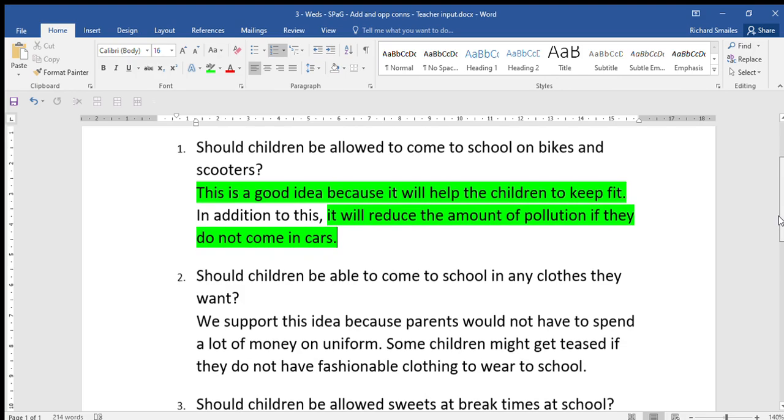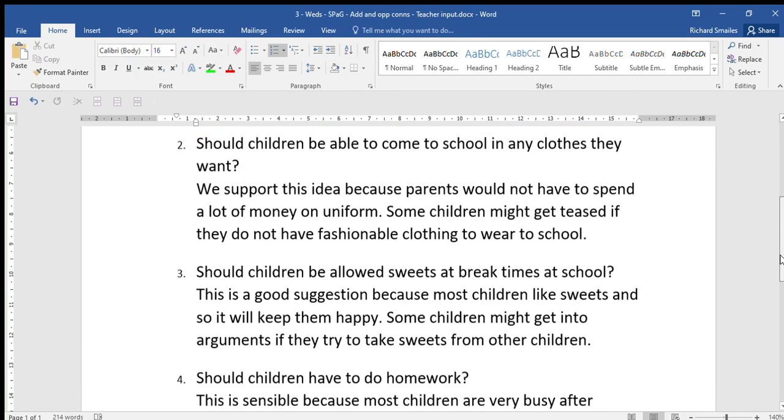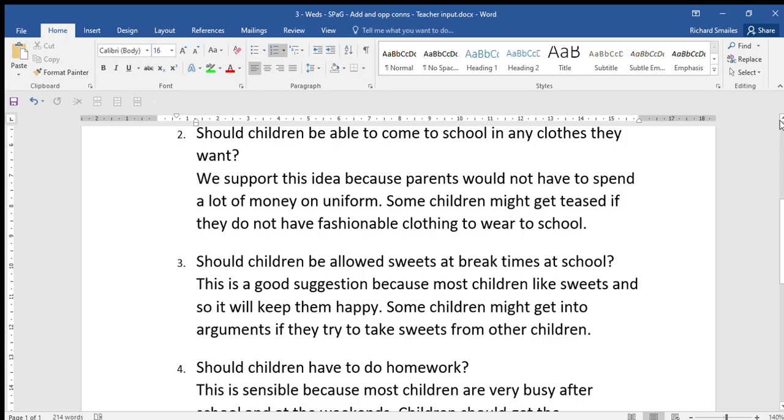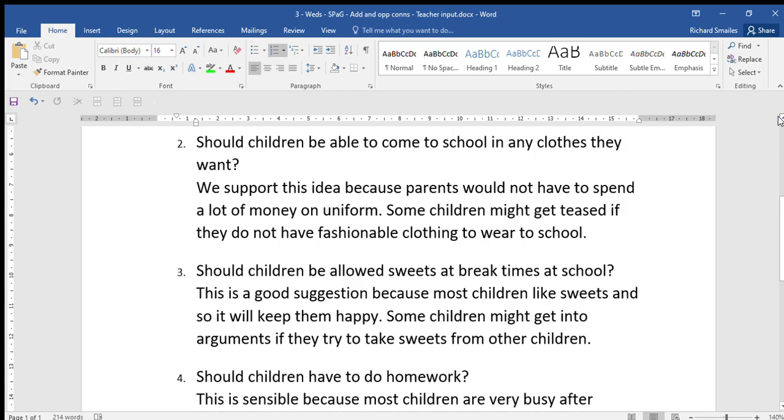Right, let's have a look at example number 2. So the question is, should children be able to come to school in any clothes that they want? Once again it's a yes or no answer. The first sentence says we support this idea.